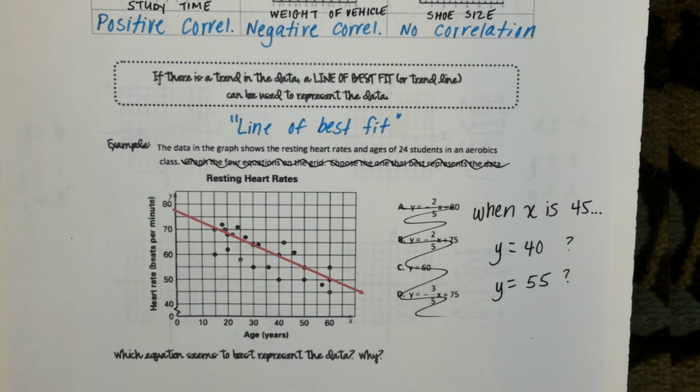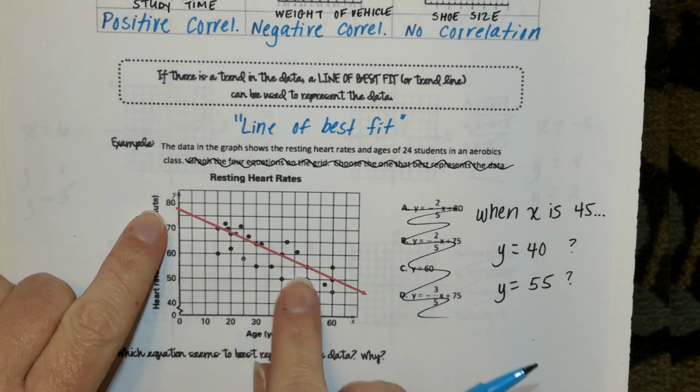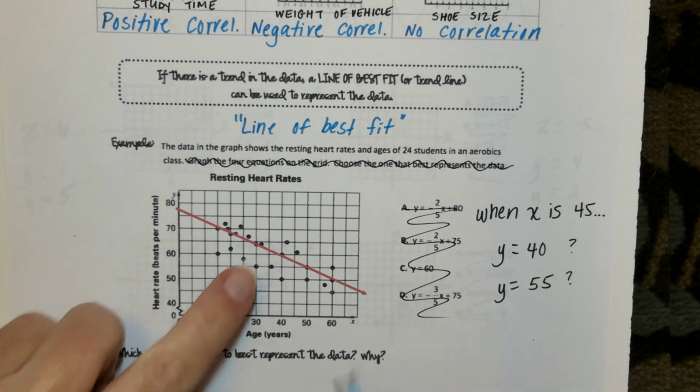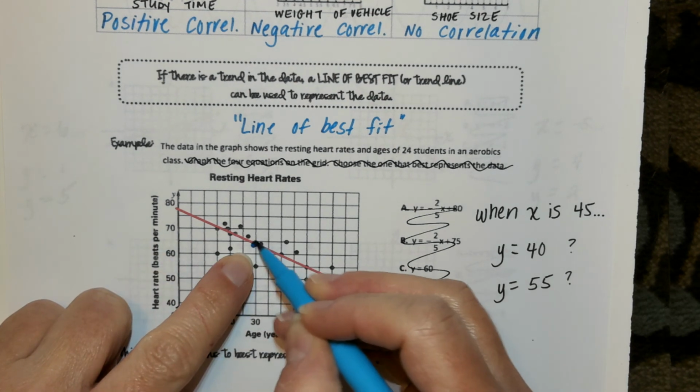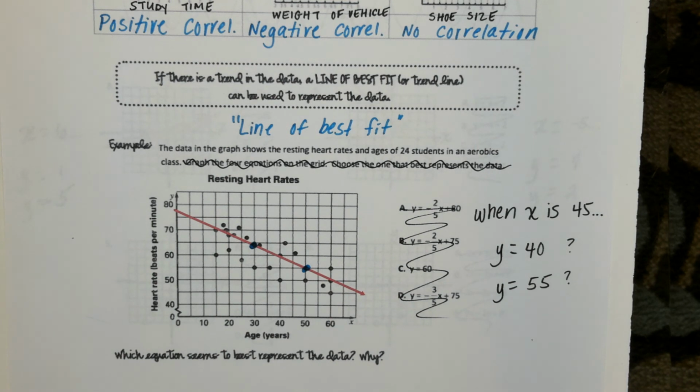It's called a line of best fit. Now, it's not perfect. No, it's not perfect. But you can kind of use that line of best fit as an estimate to represent the rest of what's happening with all those other data points.